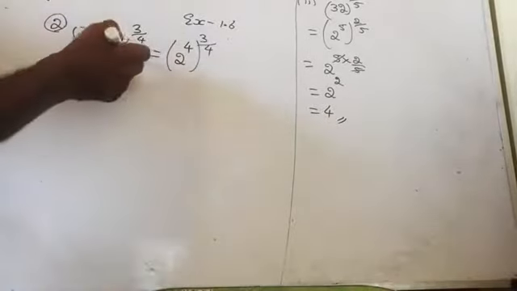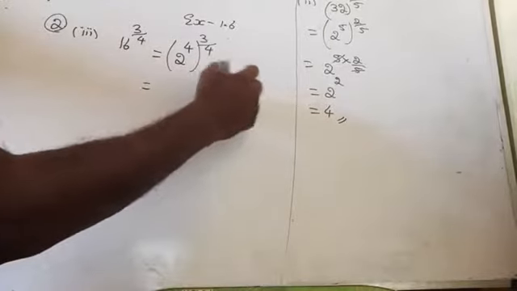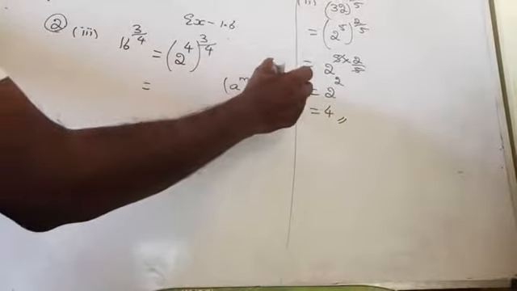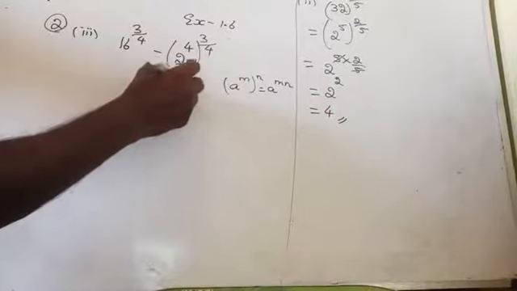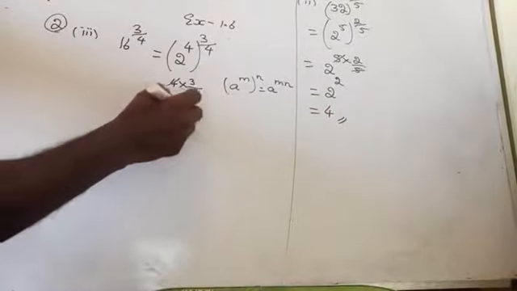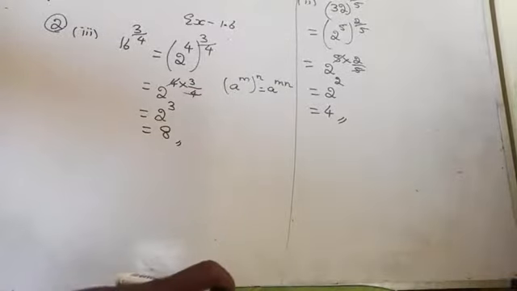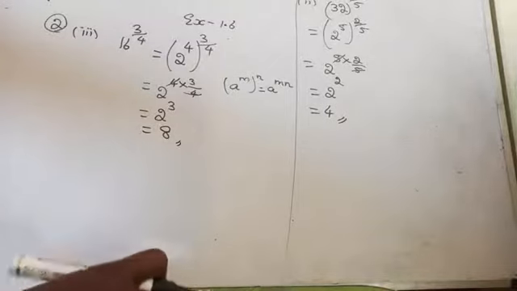Do the prime factorization of 16. Now it is in the form of a power m the whole power n, so you can write a to the power mn. So 2 to the power 4 into 3 by 4 is nothing but 2 to the power 3. 2 to the power 3 is what? 8. Am I right here?